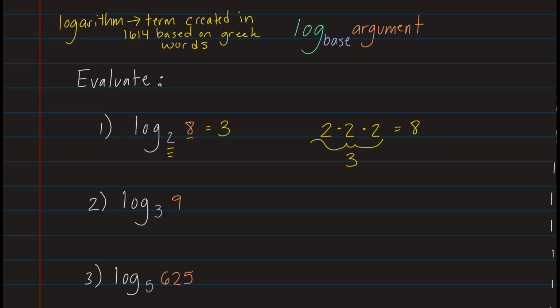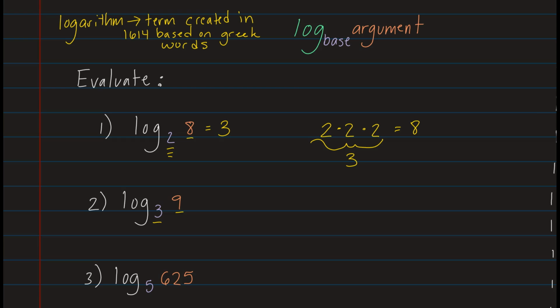Okay, let's try this again. So now, looking at number 2, we have log base 3 of 9. So now our base is changed to a 3, and our argument is now 9. So we have to ask ourselves, how many times do we multiply 3 times itself to give us 9?